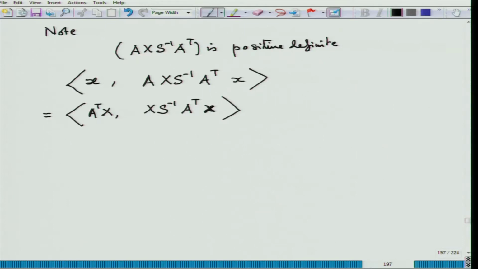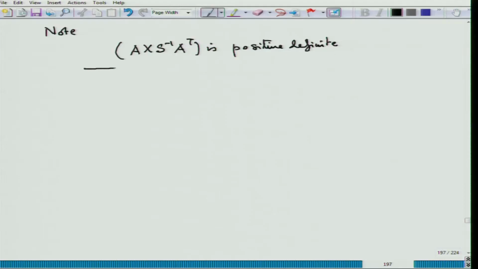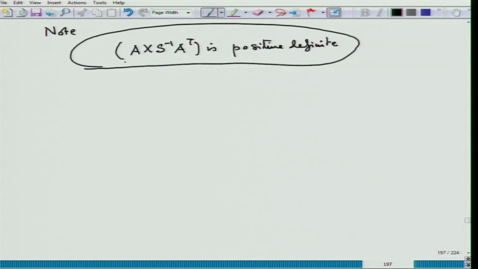So, how do you take care of x S inverse? That is the whole thing. This matrix is nothing but the diagonal matrix x 1 S 1, x 2 S 2, up to x n S n. Now, the positive definiteness of this part is an important issue here, and how you would prove it is something one has to think about a little bit. It is not so simple to figure out that this is positive definite, it takes a little bit of time. So, I ask you to go and do it as homework.